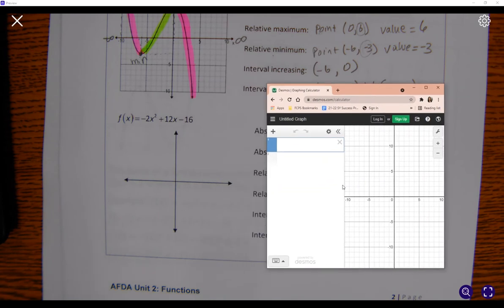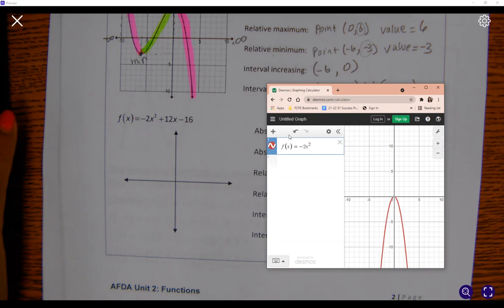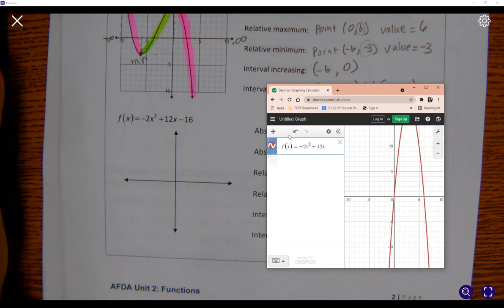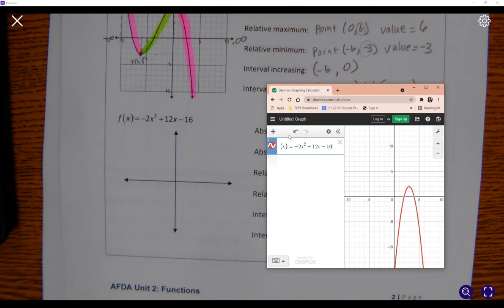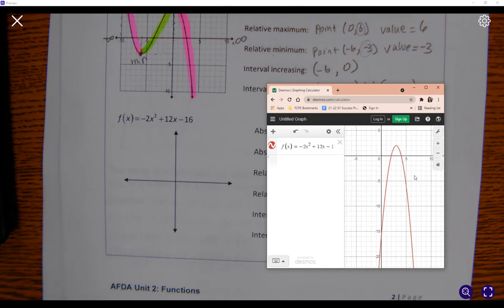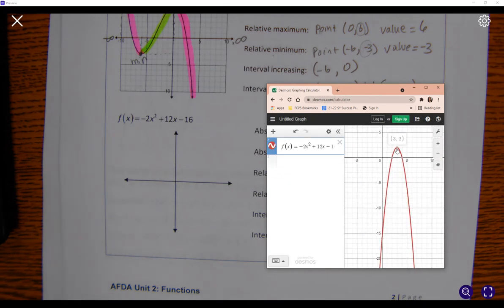All right, so let me go ahead and graph this. So I have f of x equals all of this. We can put f of x, or we can leave it out. It doesn't really matter. So negative 2x squared plus 12x minus 16. And then here's my graph. It's nice on Desmos because you can just click on the critical point. We don't need these other points. We just want the hill or the valley right here. So this is a hill right here.